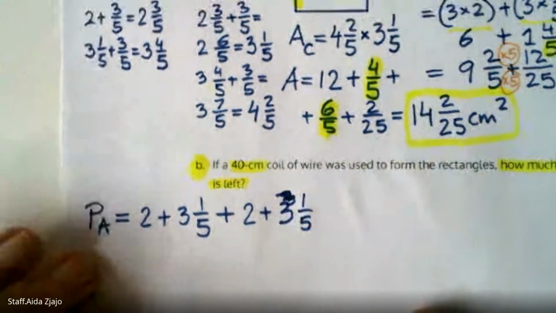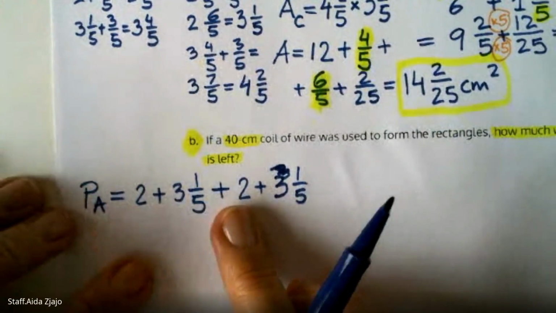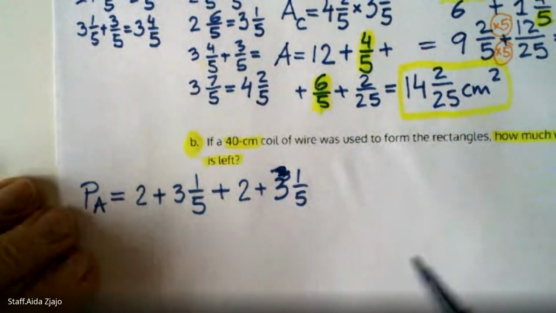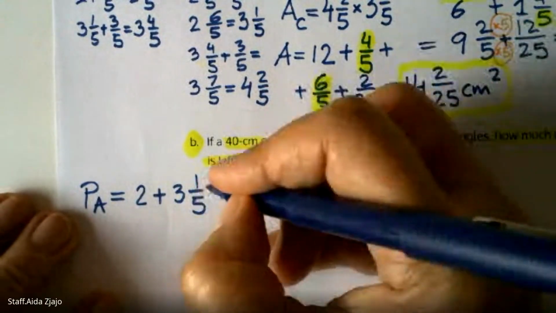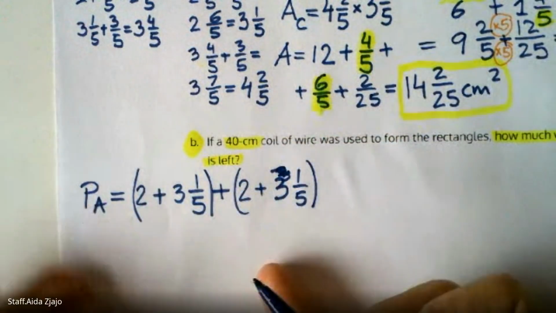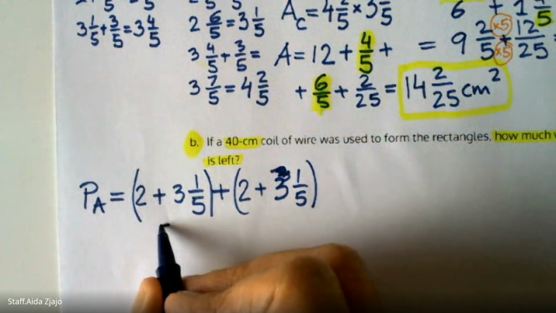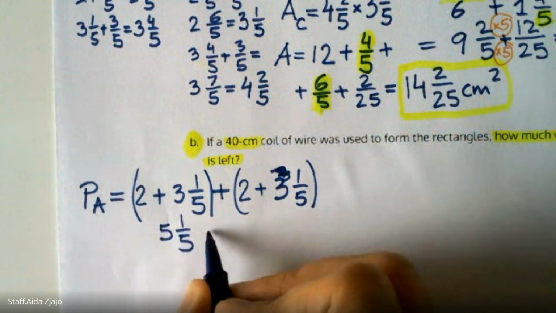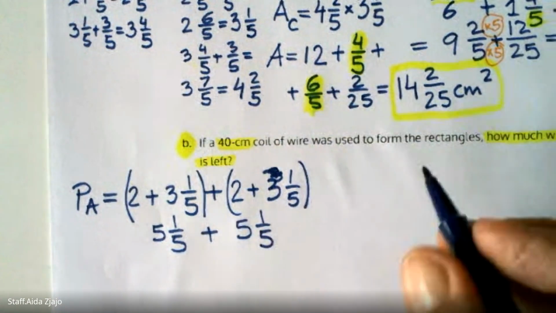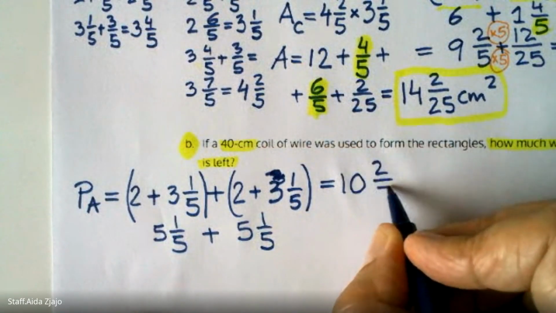Okay, so what people can do, you can say 2 times 2, or you can do 2 times 3 1/5, or you can associate these two and these two, and then you can add on the total. So like I said, this is 5 1/5 plus 5 1/5. So the whole perimeter for this one is 10 2/5.